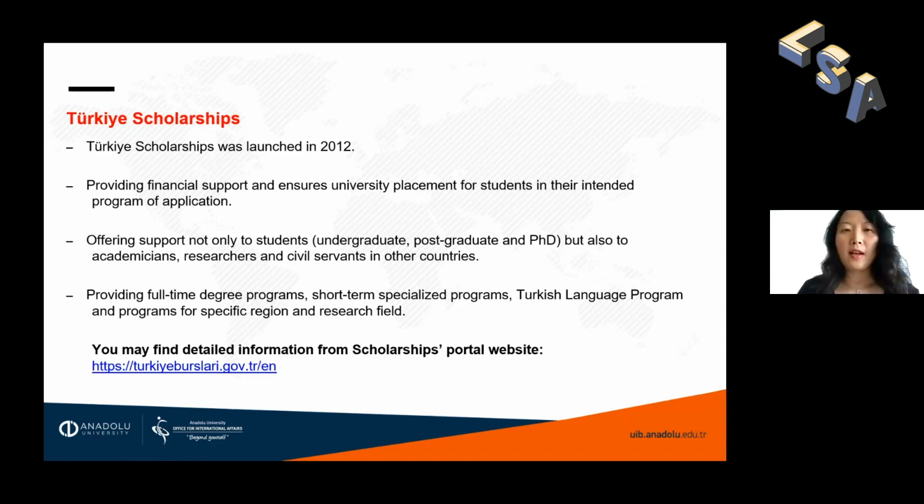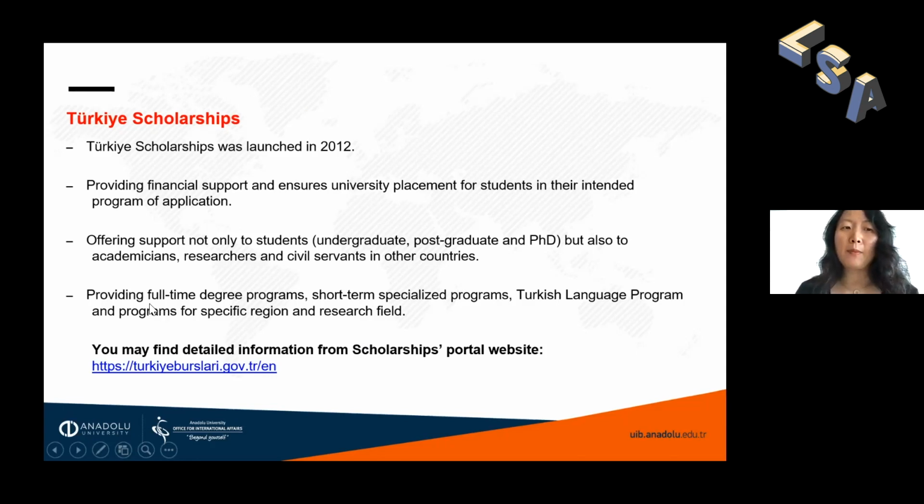This scholarship covers not only students at 3 levels, undergraduate, postgraduate, and PhD, but also academicians, researchers, and civil servants. Civil servants means people who work for international organizations, who would like to learn Turkish and learn some specific knowledge and stay in Turkey.